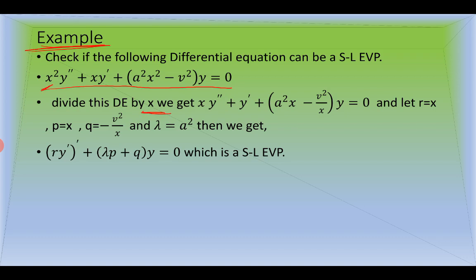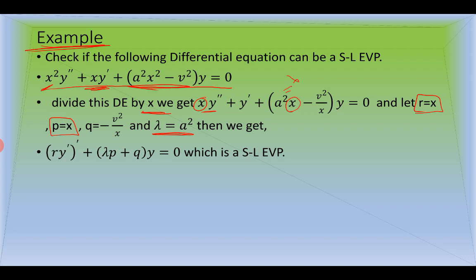Here the degree of x will be reduced, x y double dash, and this becomes a square x minus v square over x times y equal to 0. Now let r be x, and p is also x. Where is p? It should be the coefficient of lambda, isn't it? Lambda is a square, this term is lambda.